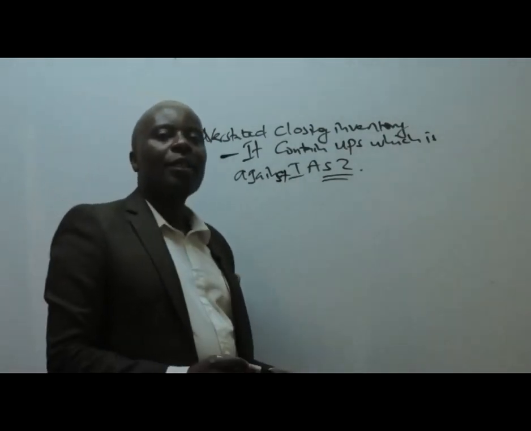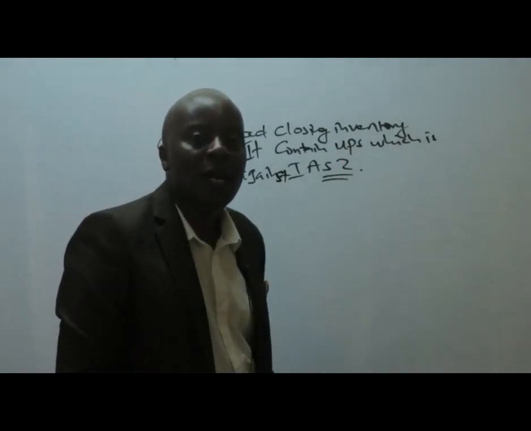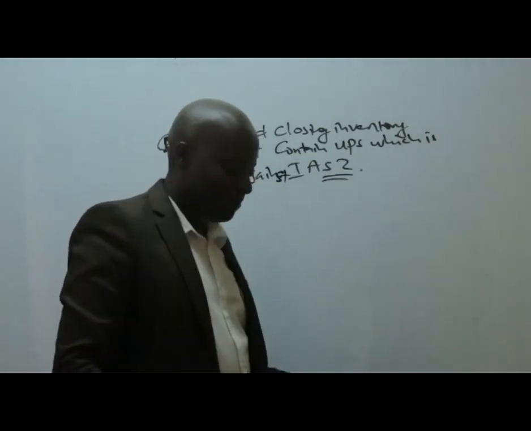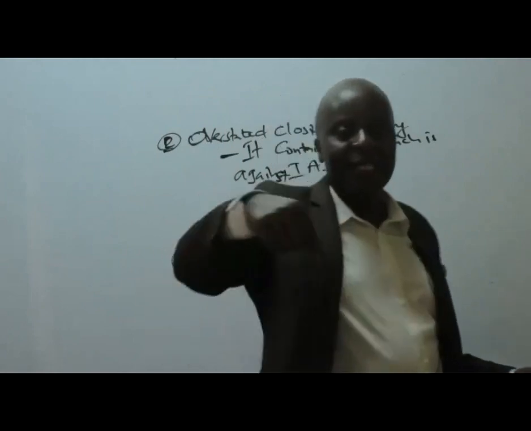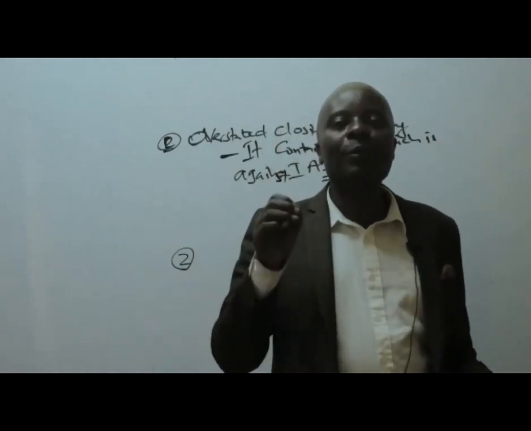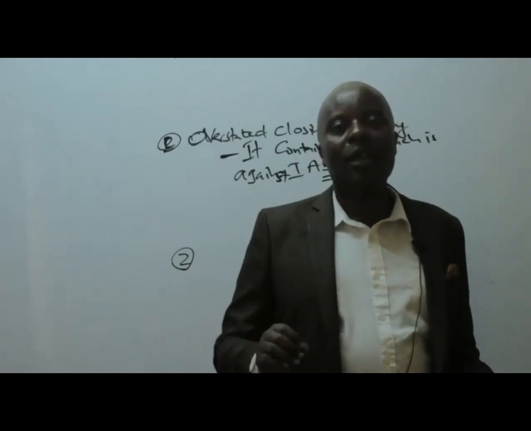Remember, IAS 2 tells us that we should never have our stocks having profit in them. Profit should never be inside our stocks. Stock items should always be maintained at cost.